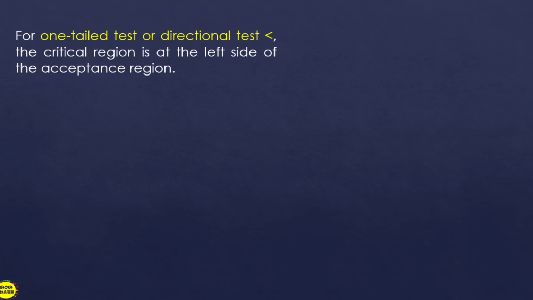So, for one-tailed test, alam natin na kapag one-tailed test, it's either greater than or less than yung symbol na gagamitin natin. Tama? For one-tailed test or directional test less than, the critical region is at the left side of the acceptance region.